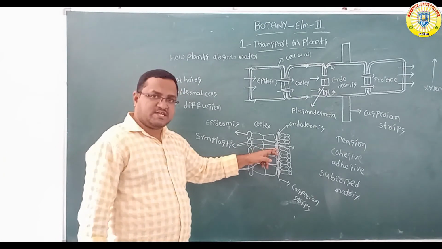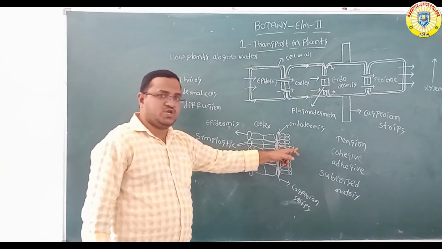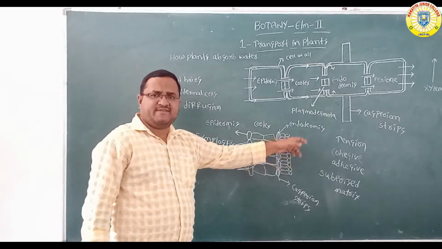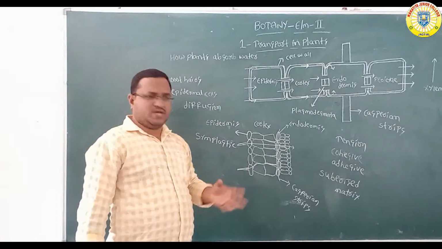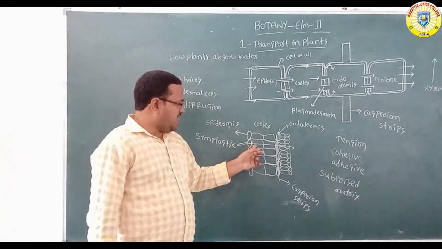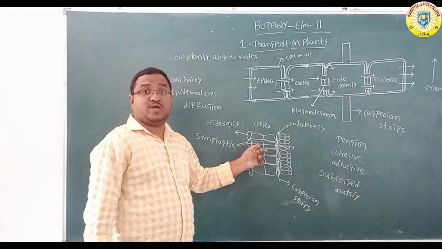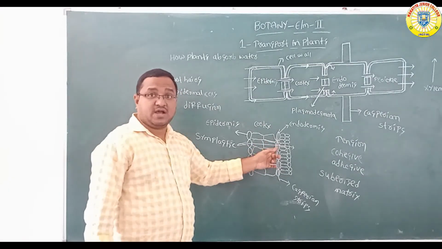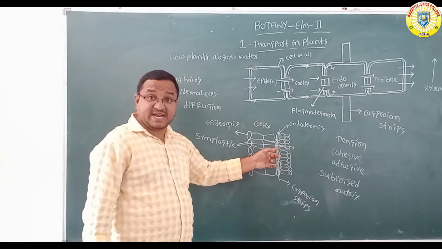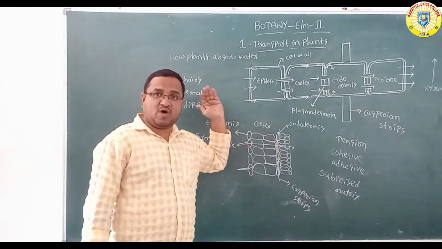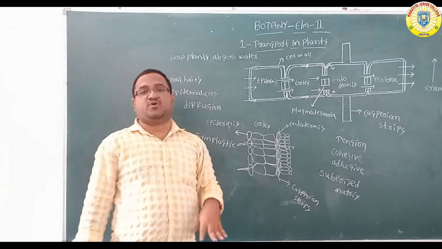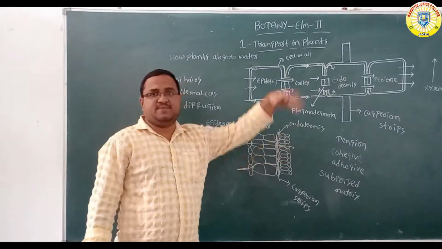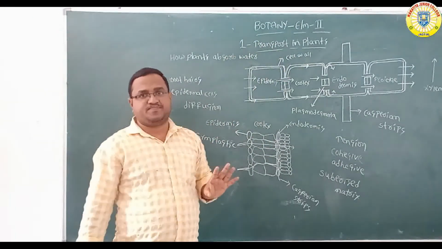Through the Casparian strips, finally the water reaches the cortex, endodermis, pericycle, and then goes to the xylem. In the Casparian strips also, water follows symplastic movement only. After the Casparian strips, the pericycle, then the xylem, water enters the xylem.